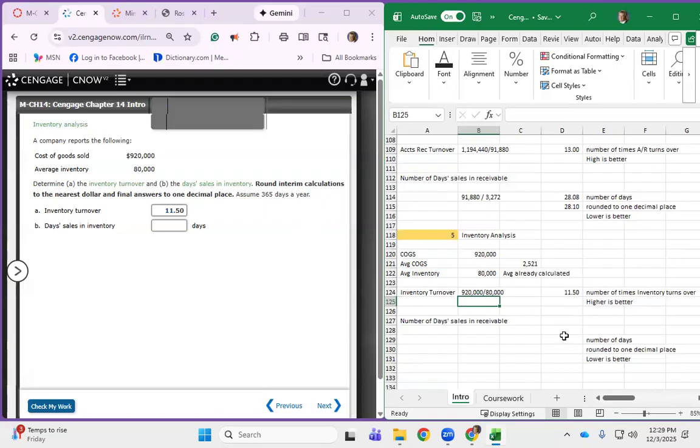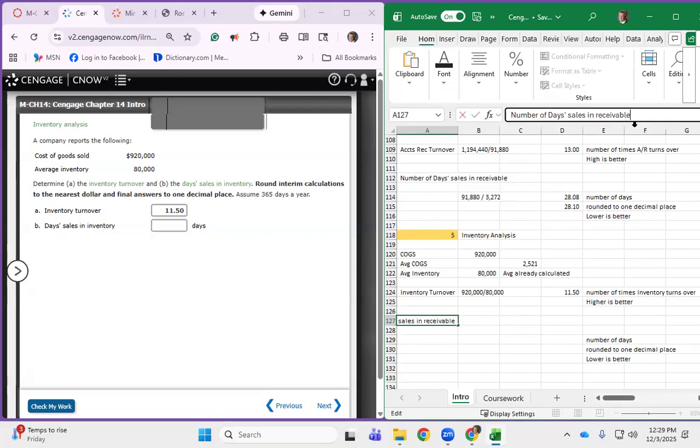Okay. So now let's do the number of days it's taken us to sell inventory, number of days in inventory, not receivables, but inventory. How many days has it taken us to sell out our inventory?